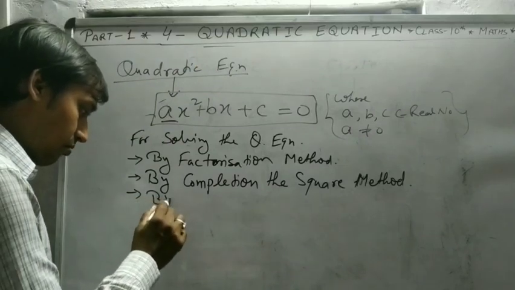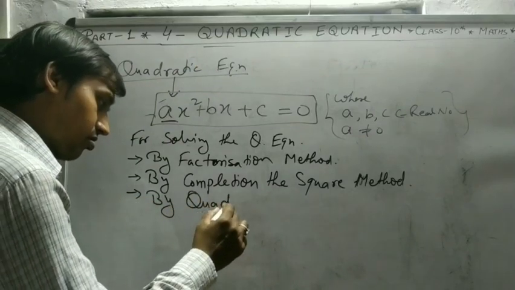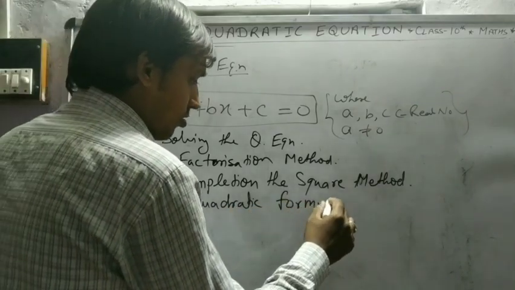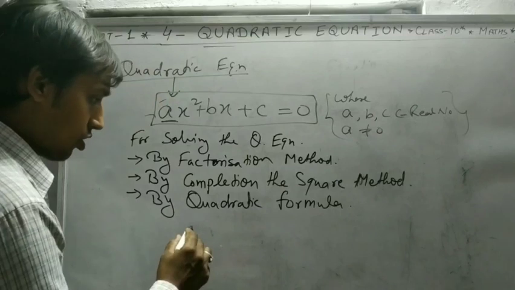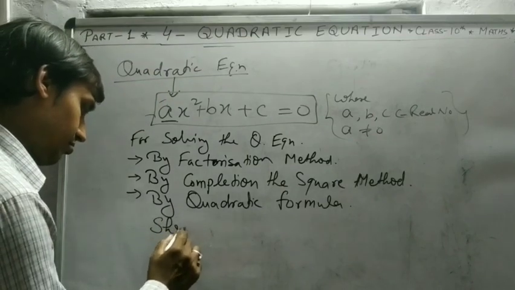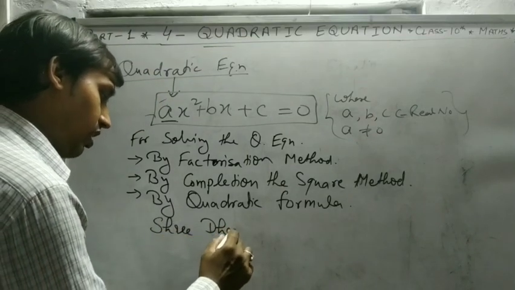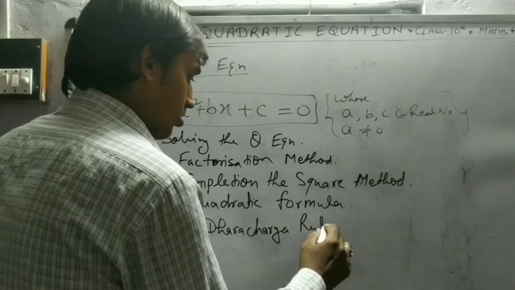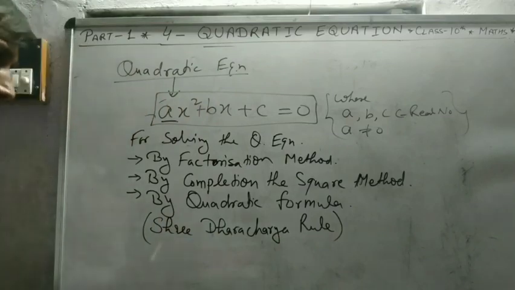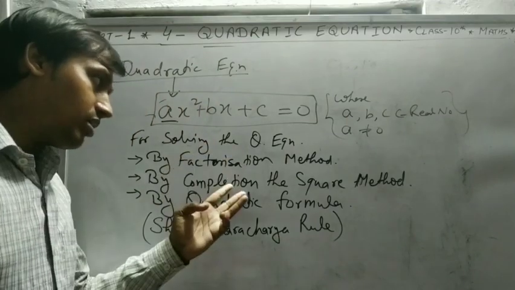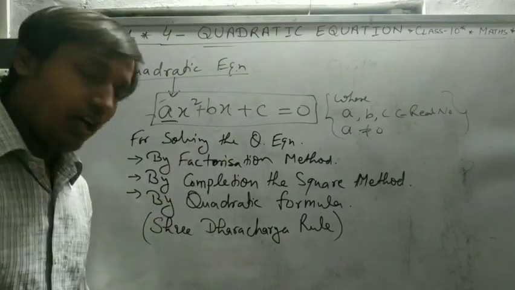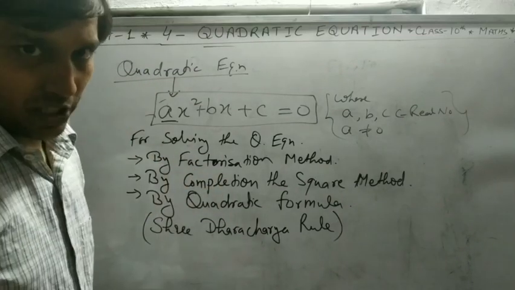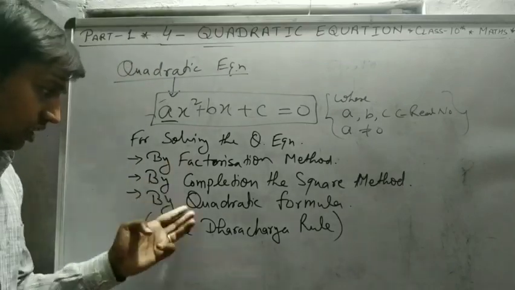Third, by quadratic formula. It is also called Sridharacharya rule. So there are three methods for solving the quadratic equation. We take the methods one by one. So first we take the factorization method.